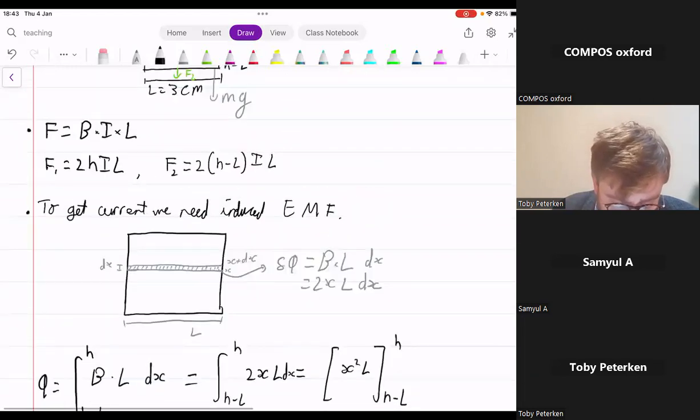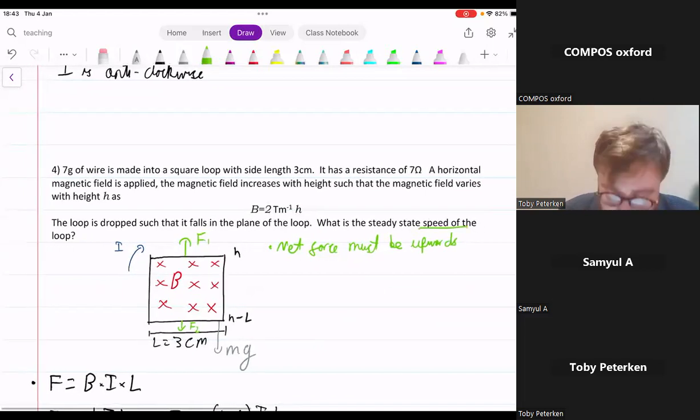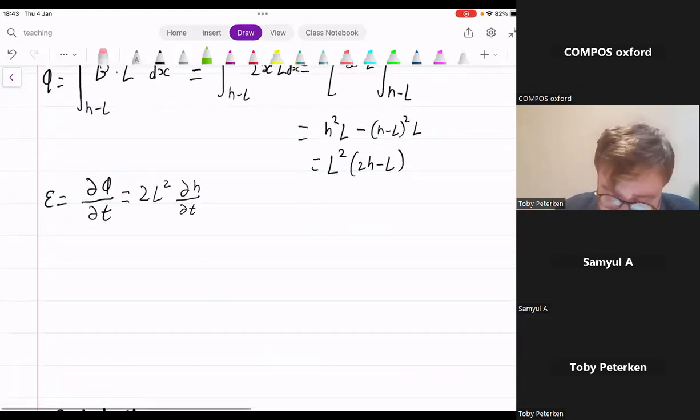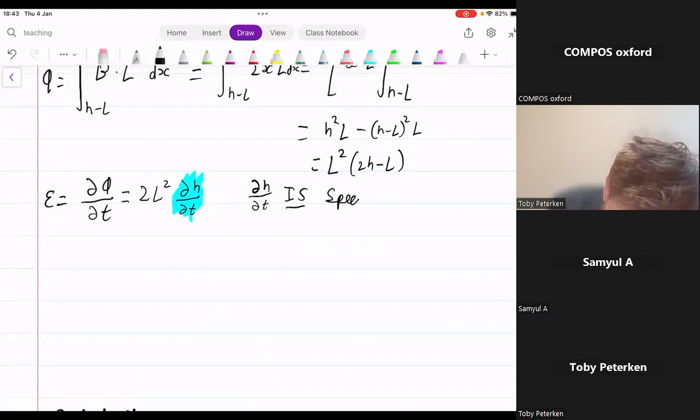Now, we'll go back to the question quickly. What is it that we wanted? We wanted the speed at which it was falling. So I'm going to highlight this, because it's dH by dt that we want. dH by dt is the speed at which the loop is falling.